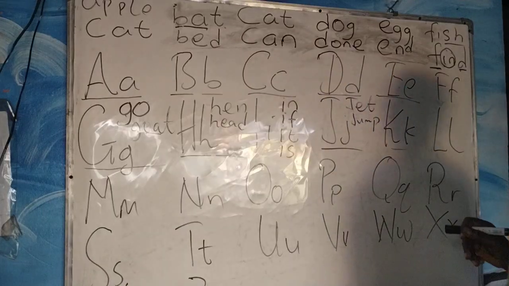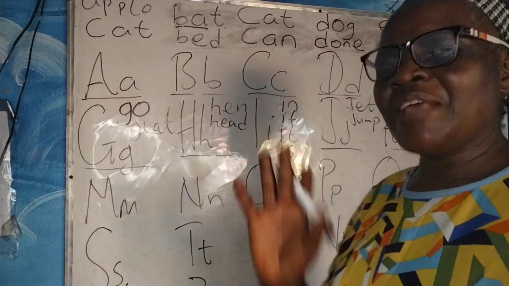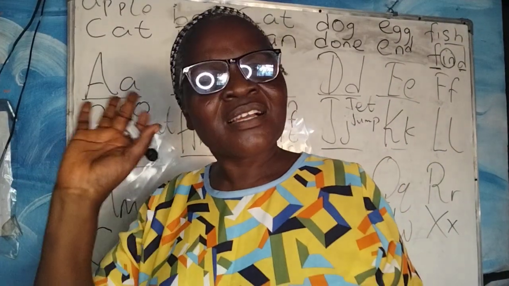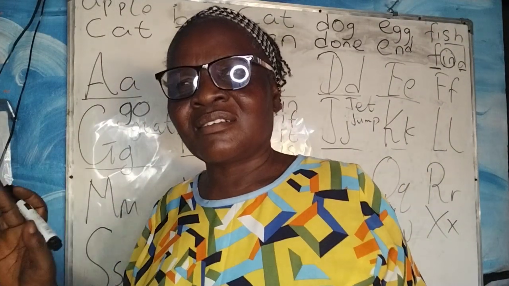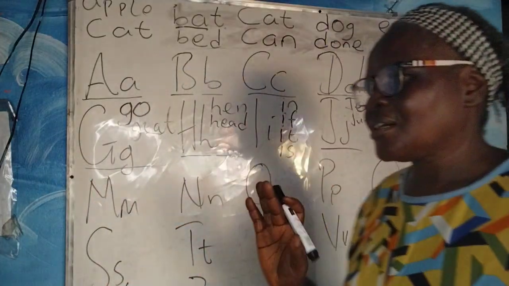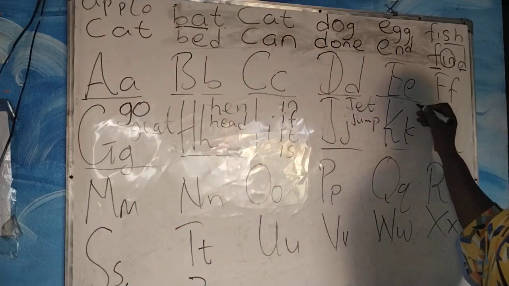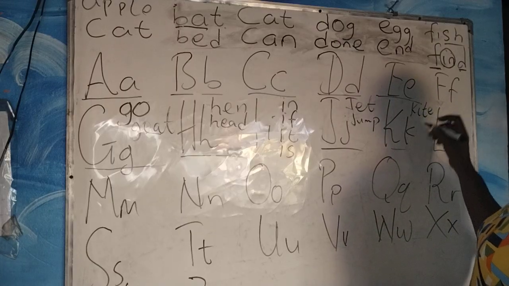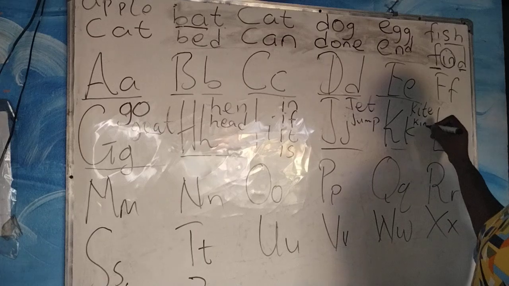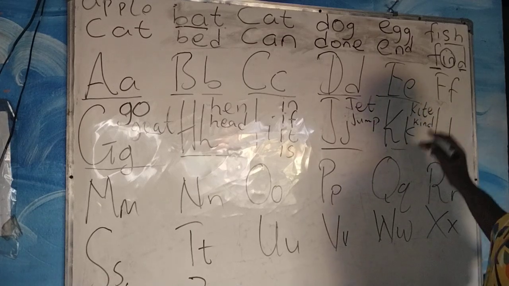K. So anywhere you see letter K, just say K, K, K. Then K as in kite, kind, and so on.